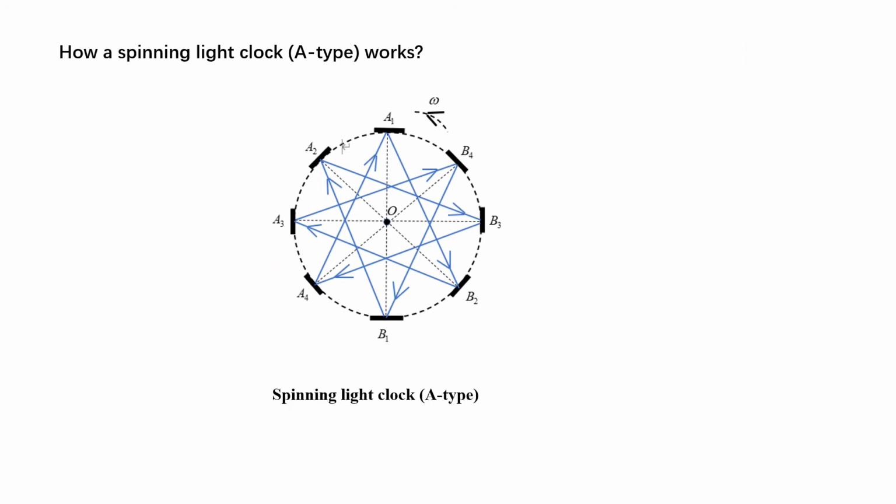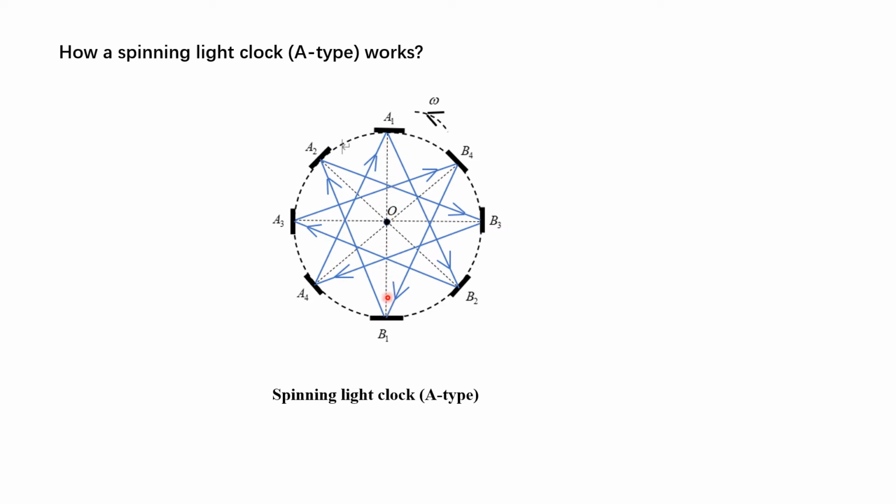Here we talk about how an A-type spinning light clock works. If the light clock is in a stationary state, initially the photon is at the position B1, and next it will go up and hit the top mirror at A1, and then B1, and then A1, and then B1, and so on. So these construct a stationary light clock.